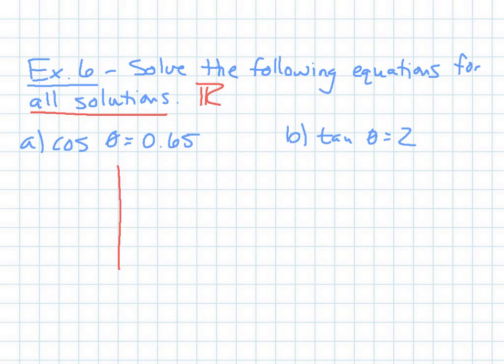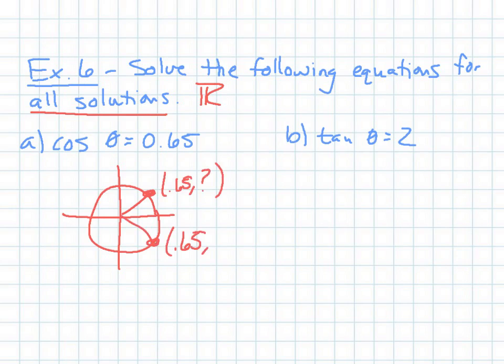I know that cosine is positive in the first and in the fourth, so I know there needs to be an answer here. I don't know what the y value is, and then I also know it's got to be in the fourth because x is positive there, but I don't know what the y values are there.